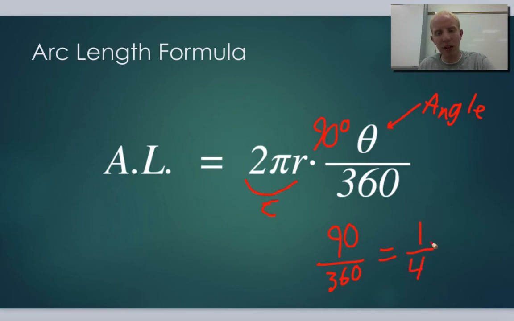If you put that on your calculator, you get the same as 1/4. And that makes sense, right? Because 90 degrees was 1/4 of the circle: 1/4 of the circle angle and 1/4 of the arc, or 1/4 of the circumference. So this proportion of the angle over 360 tells you how much of the circumference you need to get that arc. So let's look at a couple of examples and try this out.